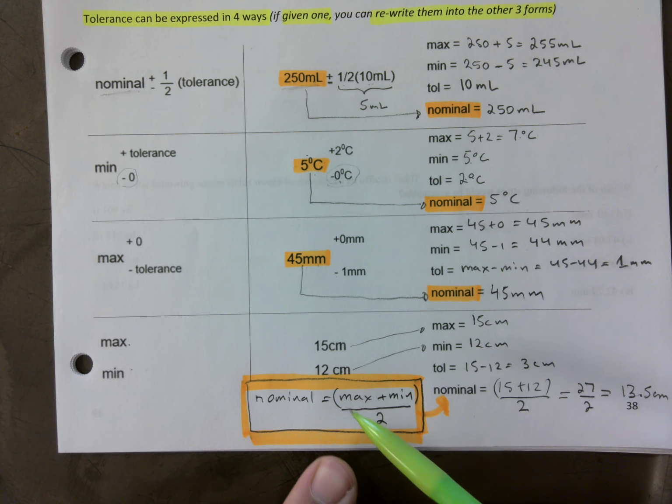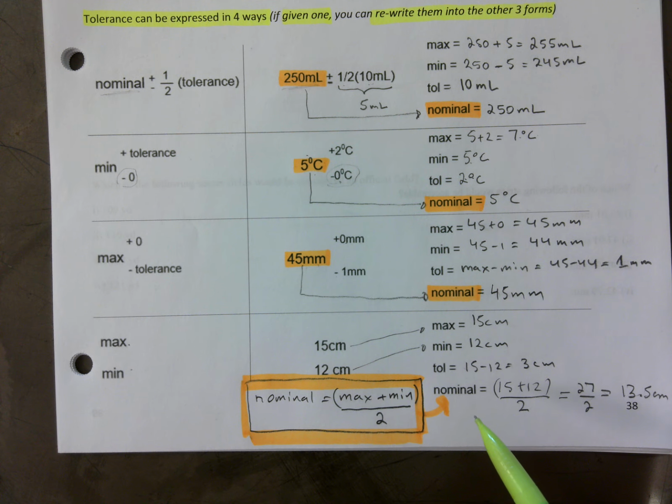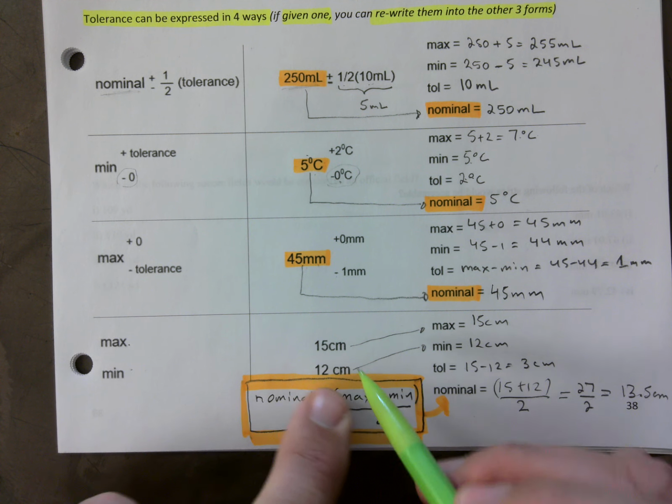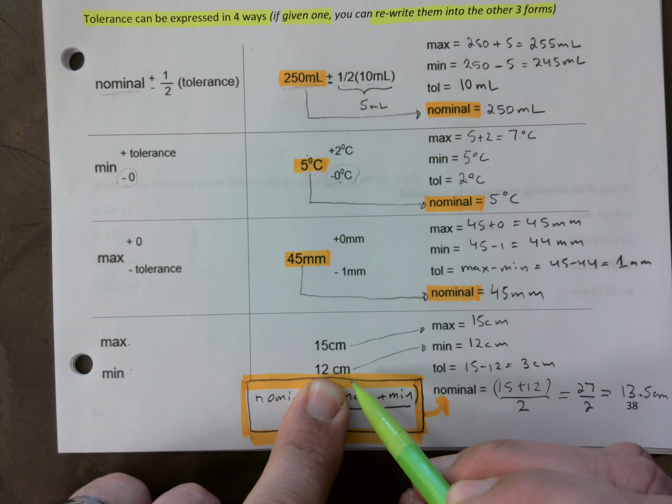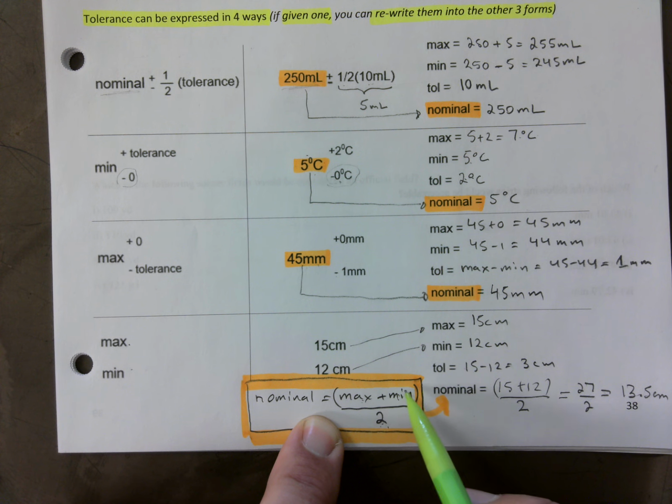So not very common that we ask for it, but the last exam, the province actually did ask, they gave this to students. And they're like, what is the nominal? Like, what is the target? And all you had to do is add them up and divide by 2. But please, don't add and divide in one shot because you're going to get it wrong. Because the 2 is only going to divide that second number here.